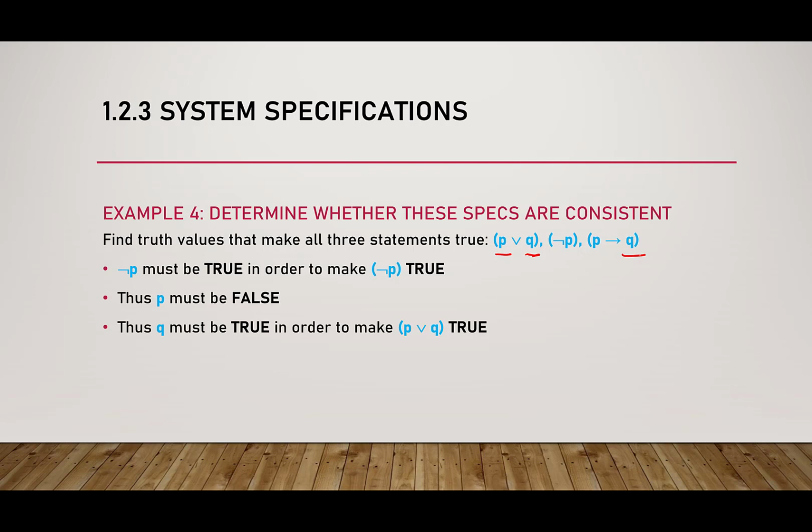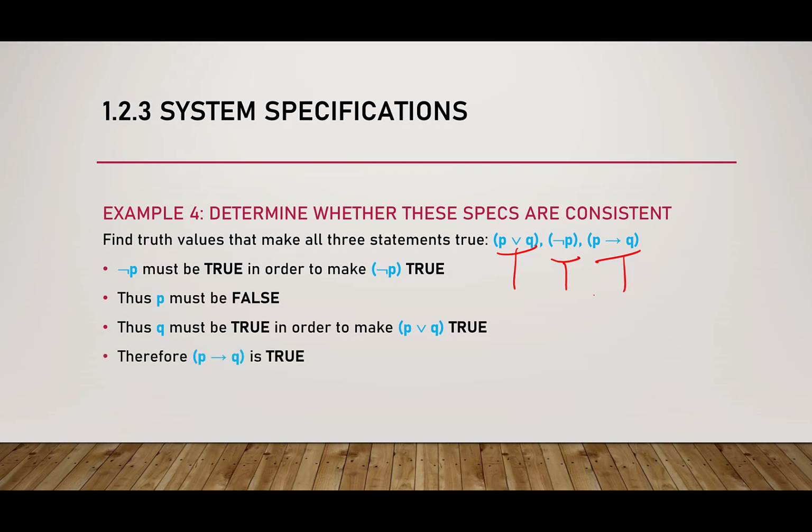If Q is true, then P doesn't matter. It could be true or false. Well, we know P is false. So if we have a false, therefore true, then that whole thing evaluates to true. Okay, hopefully that made some sense there. And so that means that if this is true, then all these other ones will be true. They all follow.